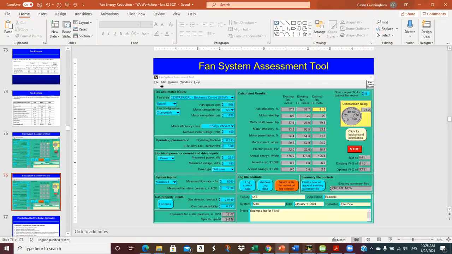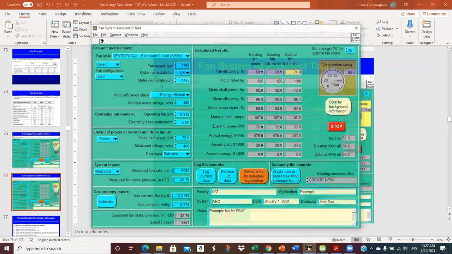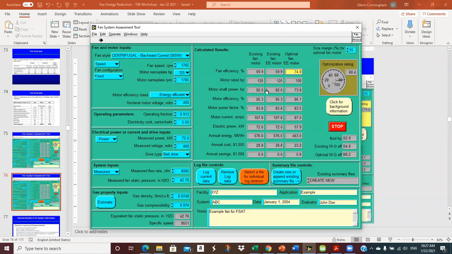And so this is FSAT live. Now I can change whatever I want to. So like on fan configuration, it says changeable. If I go to fixed, it's going to stay with that same type fan. Let's say I got to turn it back on. There we go. It wasn't running. Okay. And so this was 81 before.